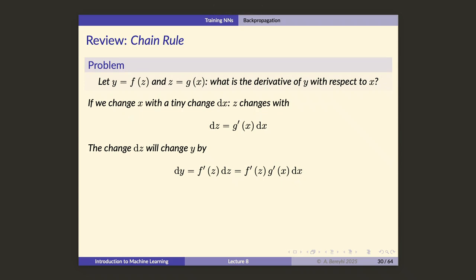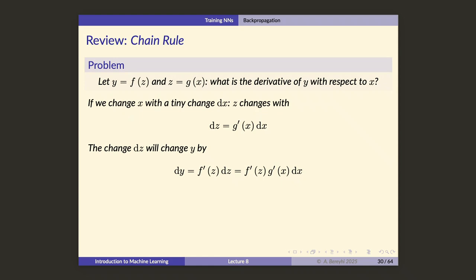Again, if I multiply that change with the derivative of my function f, I am going to get the change in y. So if you just replace everything into that last equation, you're going to end up with that term on the right-hand side. Now, if I want to know what is dy, the difference in y divided by the difference in x, what would it be based on this slide?